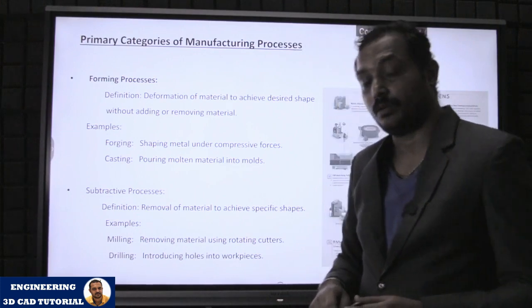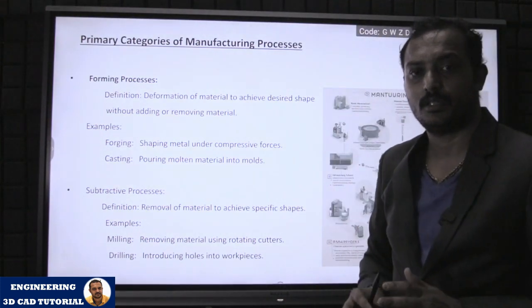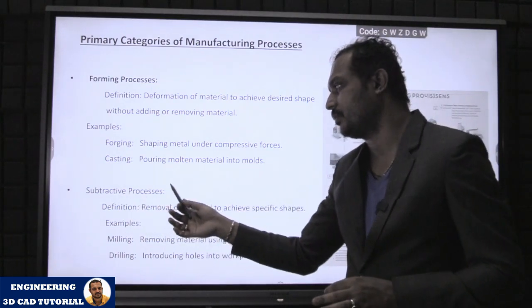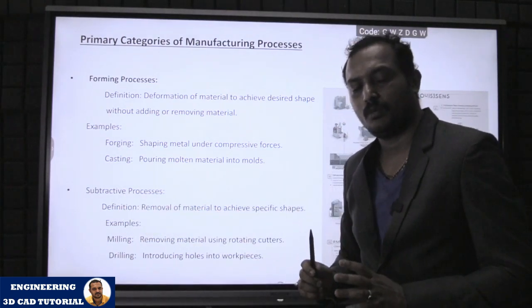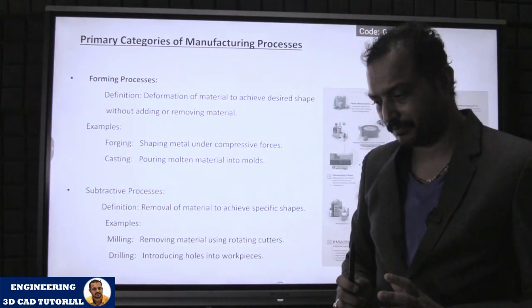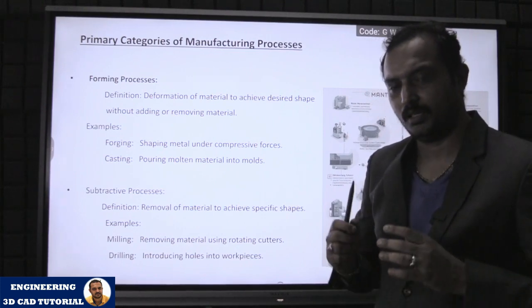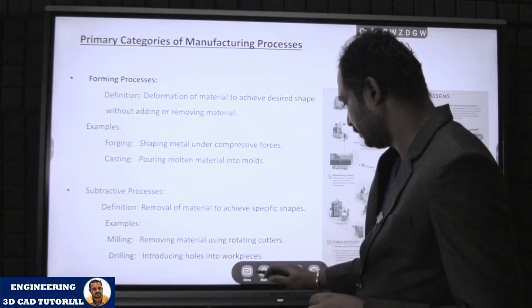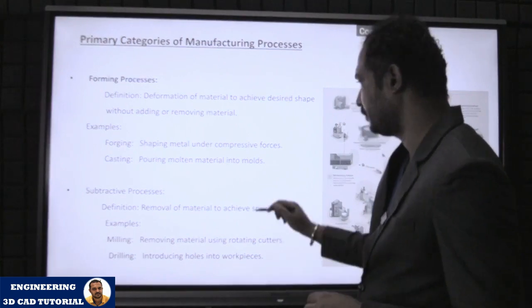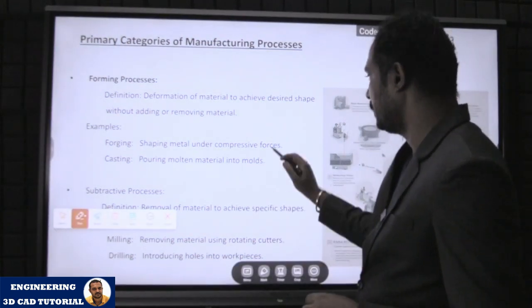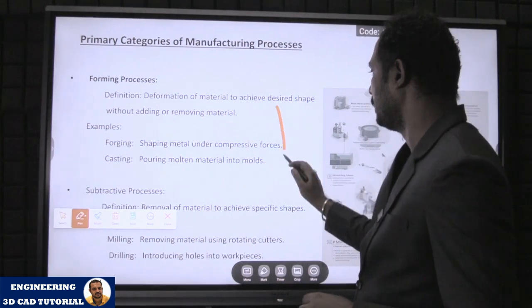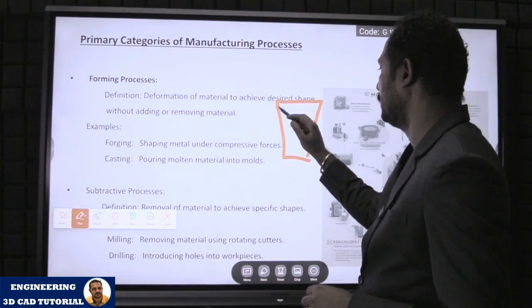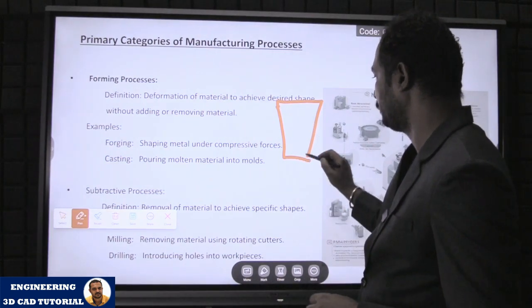Subtractive process: a huge part of manufacturing industry depends on this. Suppose you want to produce a teacup.